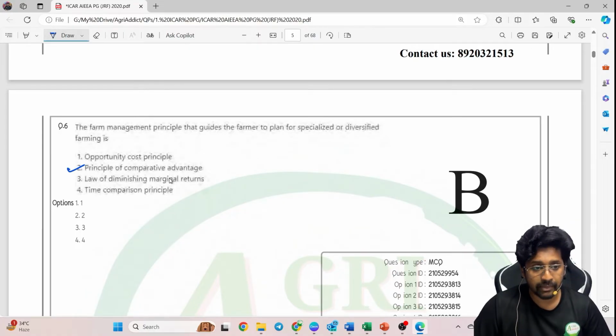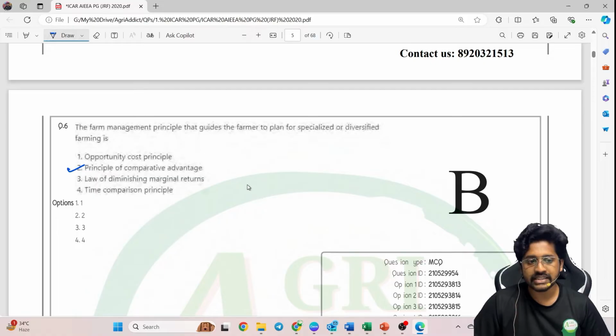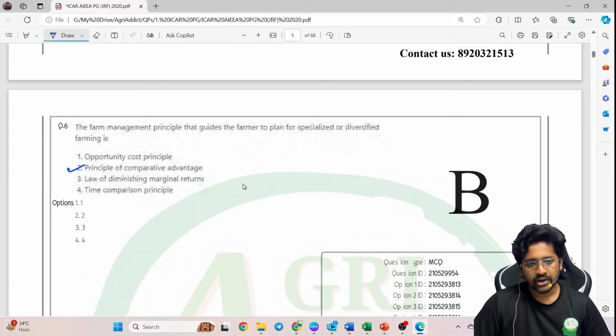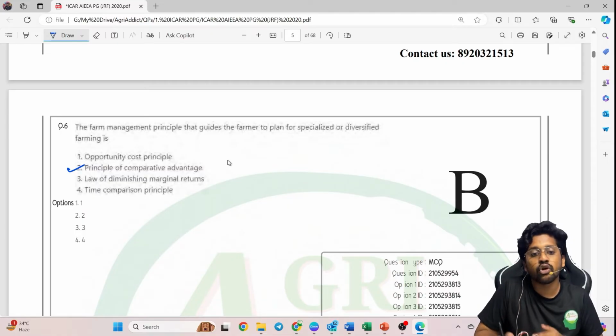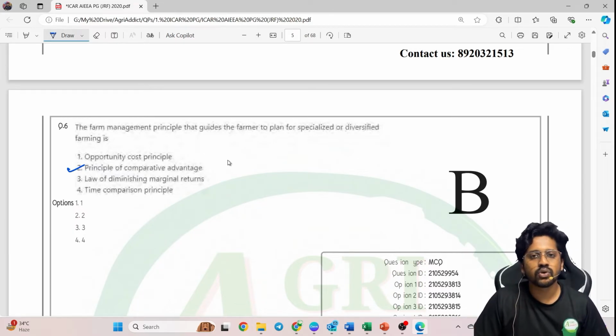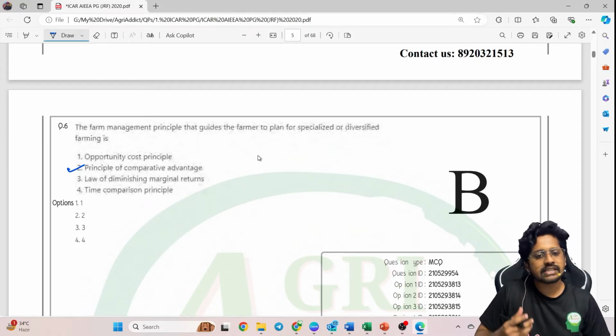What is the principle of comparative advantage? According to this principle, a country or a region should be producing a crop or a product which will be so advantageous, because they will have the resources to produce that product in abundance. If one firm is producing a product which has scarce resources, it will not be that profitable to them.